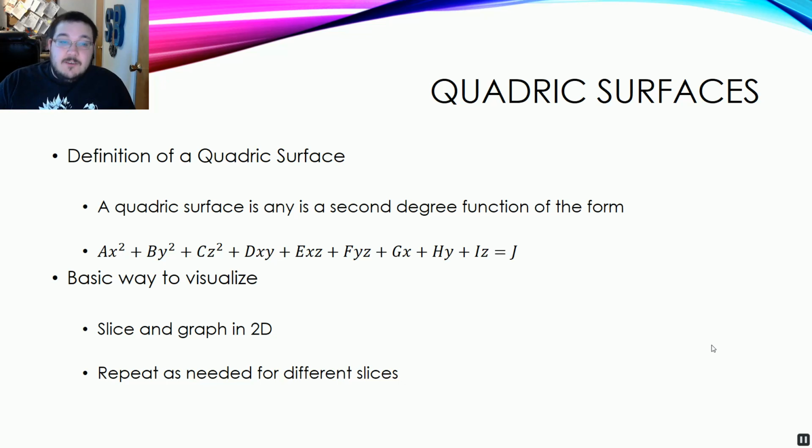Now, basic ways to visualize surfaces in 3 dimensions based off of equations. The very best way to try and do it is to take your equation, set one of your variables equal to some value, it doesn't matter what, and then graph it for that cut. So you're slicing it and just drawing 2-dimensional shapes.